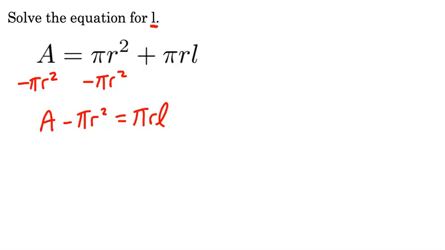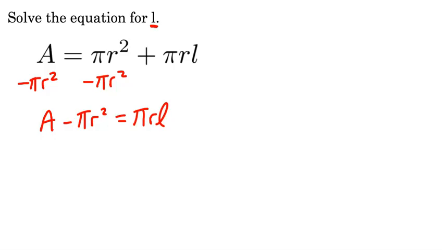Then we want to solve for L. So this is pi times r times L on the right side of the equation. And I'm saying it very specifically because I'm using the word times, which indicates that we are multiplying these three pieces together.